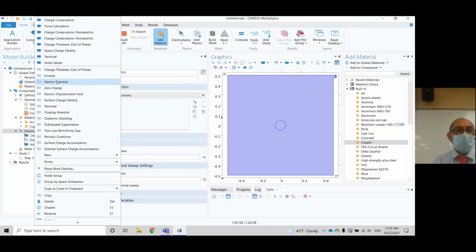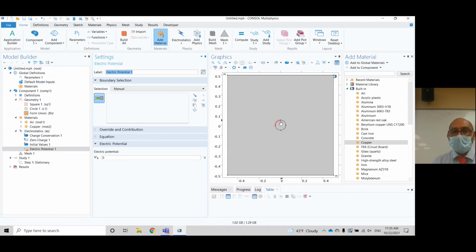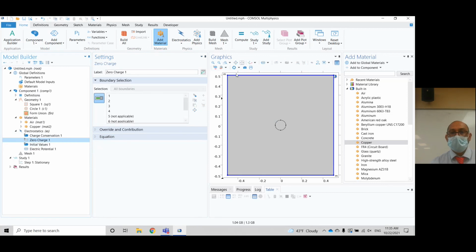And what I want to do, I'm going to have an electric potential. So I'm going to say that these boundaries, all these, are going to be at 100 volts. And the rest here, they are 0 volts.